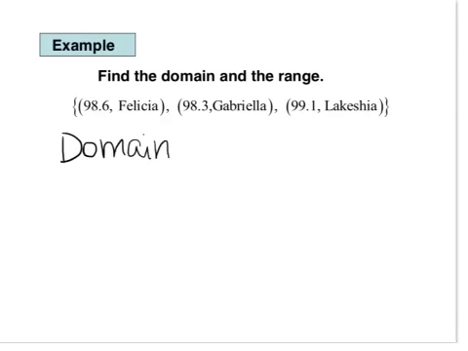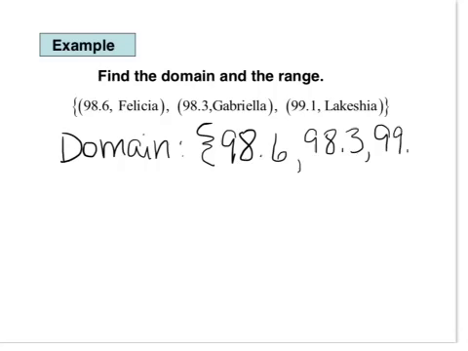So we'll list that in braces because it's a set. If any of these temperatures showed up twice, the same exact temperature, we would only list it once. There's no reason to list the same number twice in a set. So we have our 98.6, our 98.3, and our 99.1. That is our domain. For the range, we want to list out all of our second components.